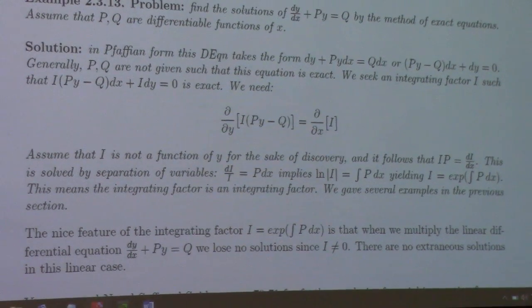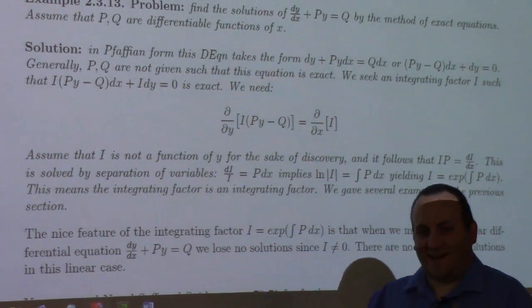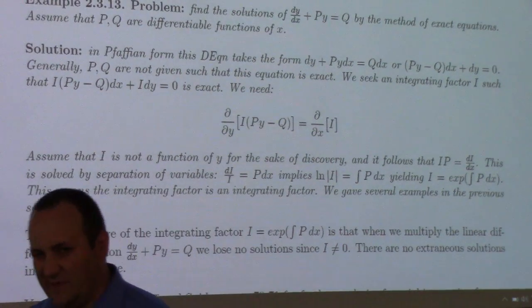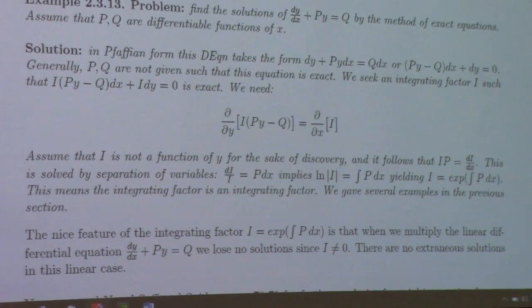Oh, that's funny. I said I had no explanation. That's not entirely accurate. This is sort of an explanation for why the integrating factor is what it is. So if you look for an integrating factor, just multiply this by I. That gets us to I(py minus q) dx plus I dy equals 0.